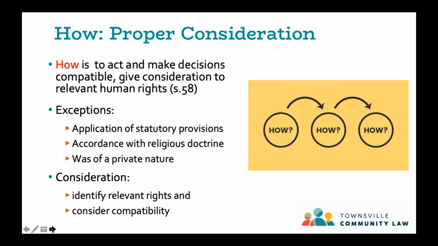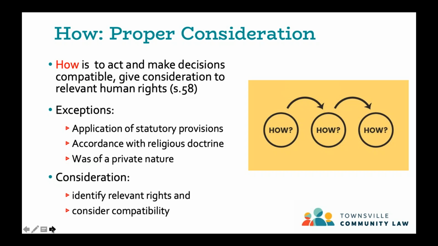We've got the in accordance with the religious doctrine, and I haven't looked to see what cases throw up about that issue, but that's clearly one that's a live debate within our community and within the legal profession at the moment, or where an act was of a private nature. This is another important one that we need to be aware of. So the how does include some things that are exceptions.